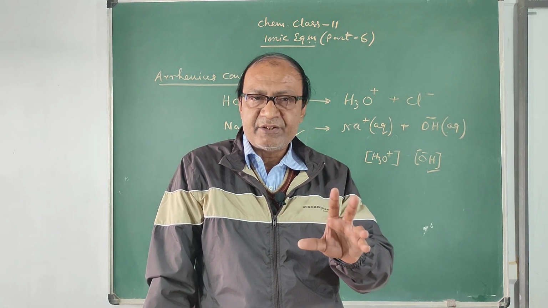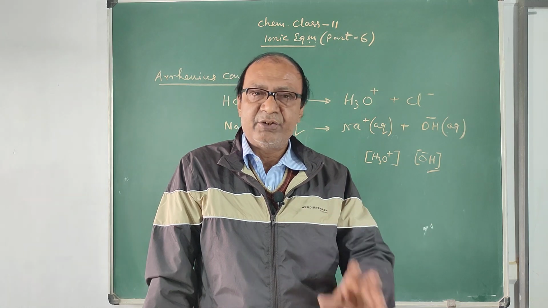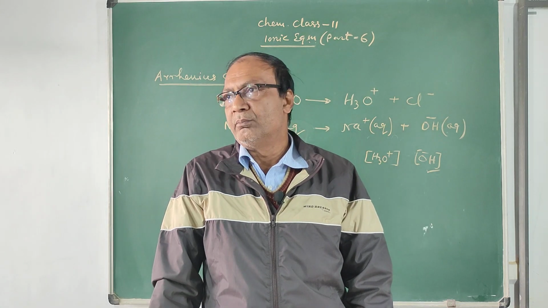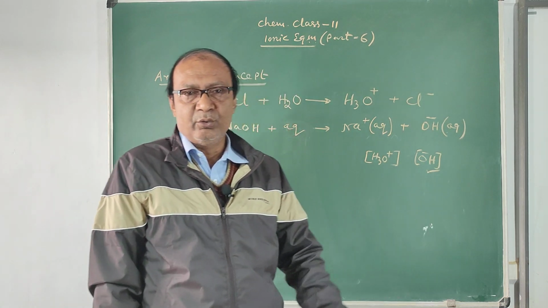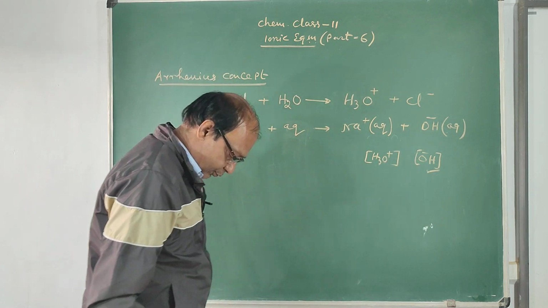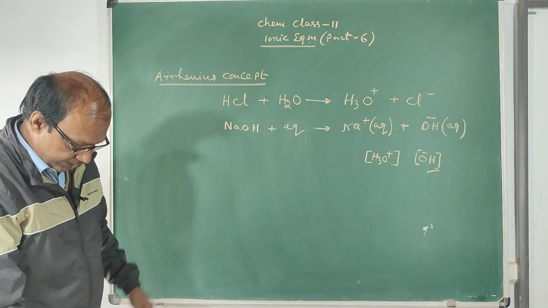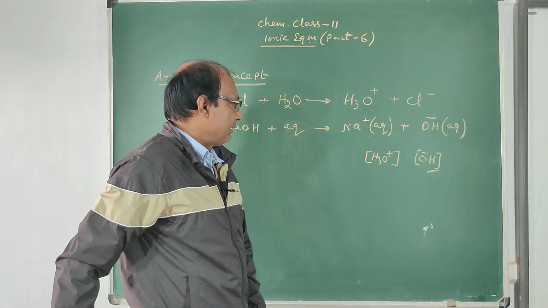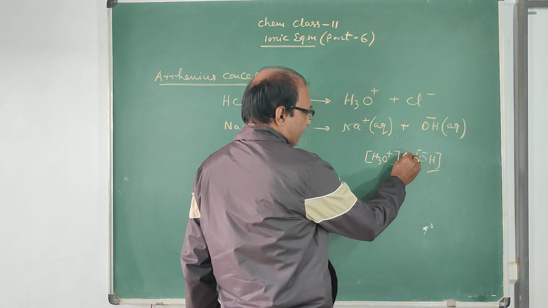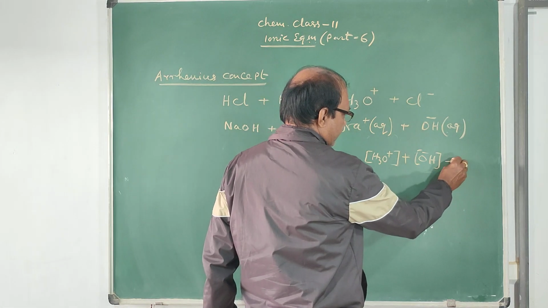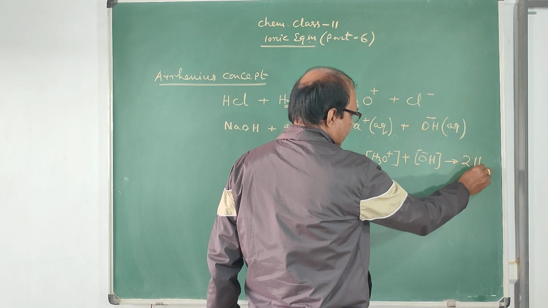And acid and base react with each other to form water. You know that acid and base react with each other to form water. That means these two things, H3O+ plus OH-, will react with each other to form water, 2H2O.